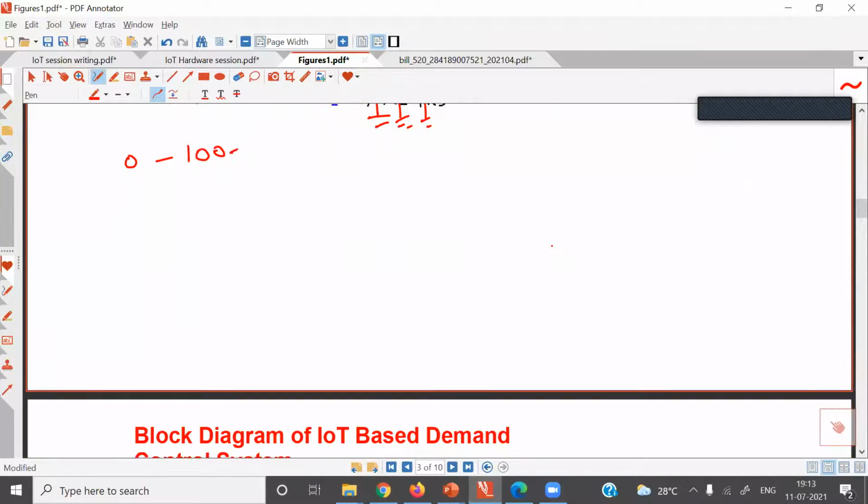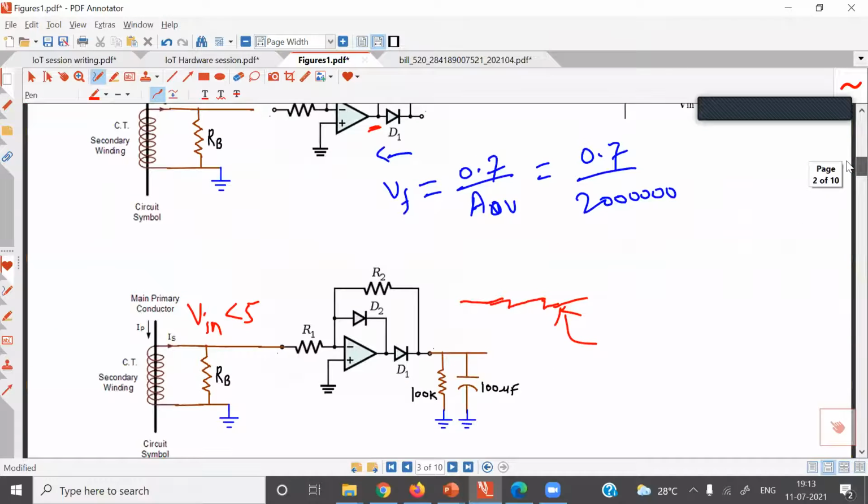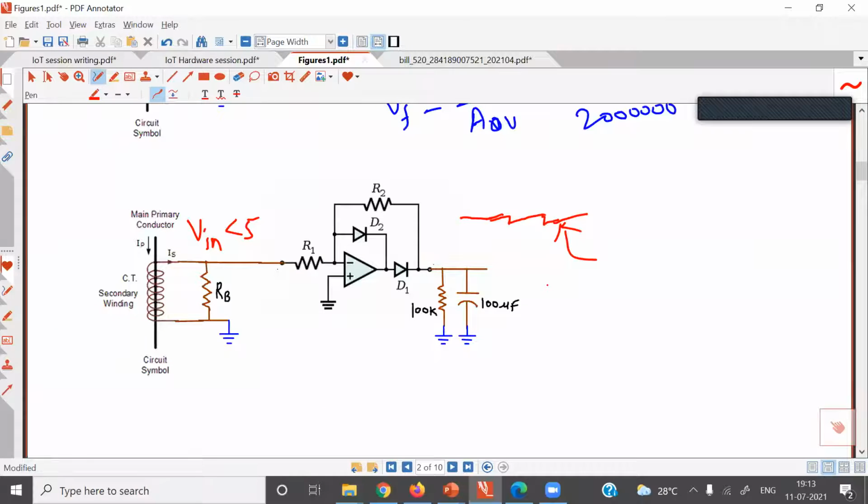Now one simple calculation. We'll take up this circuit. There is no gain adjustment circuit, it is fixed gain in this circuit. For example, we have a gain of op amp equal to minus R2 by R1. Suppose we are getting here 5 volt when input current, I will make one table instead.